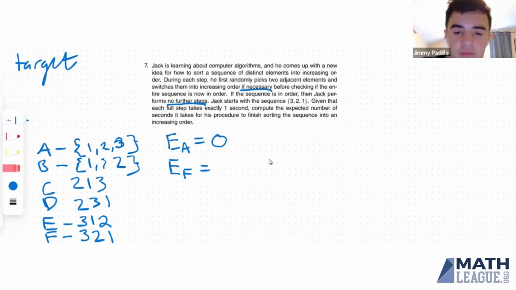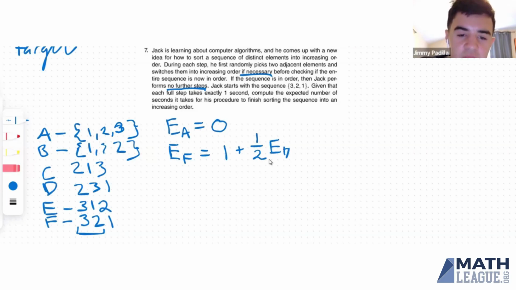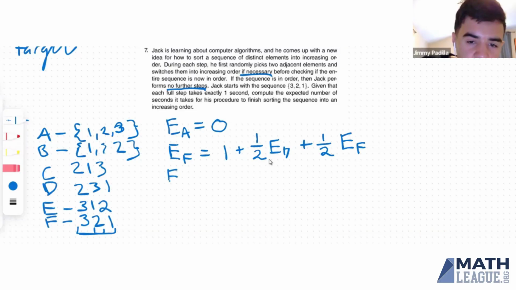E of F is 1 second to perform the operation, and then it either flips 3 and 2, which takes us to state D, with a 1/2 chance to select that pair, so that's 1/2 E of D. Or I could flip the other two, which are also out of order, and that takes us to 3, 1, 2, which is E, also with 1/2 probability since it picks randomly. So 1/2 E of E.